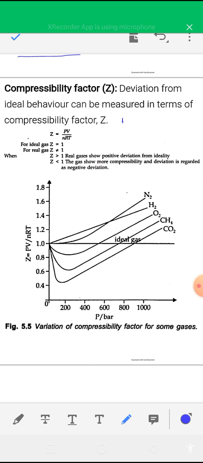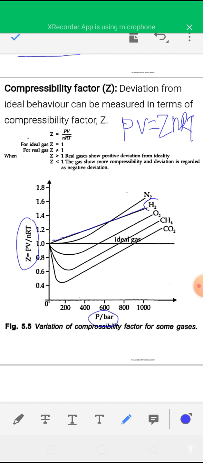For non-ideal gas, as I have already told, we can write PV is equal to Z nRT, or Z is equal to PV by nRT. If we plot the Z versus pressure graph, it will look like this. For some gases, like nitrogen, hydrogen, helium, these lighter gases, the value of Z increases with pressure from the beginning.